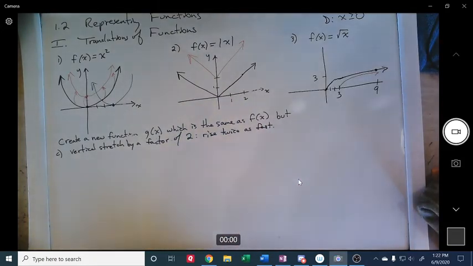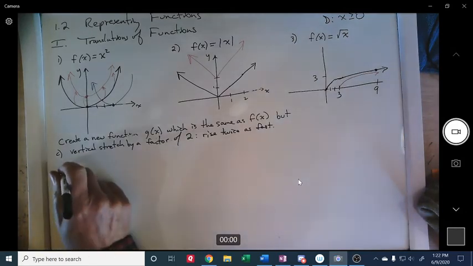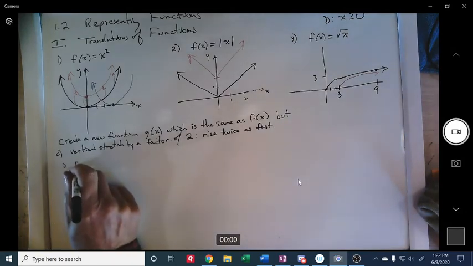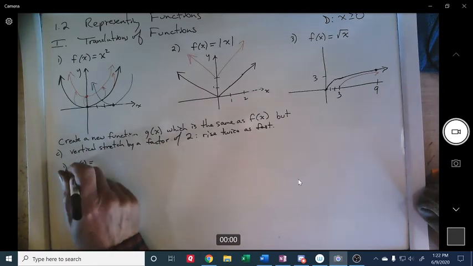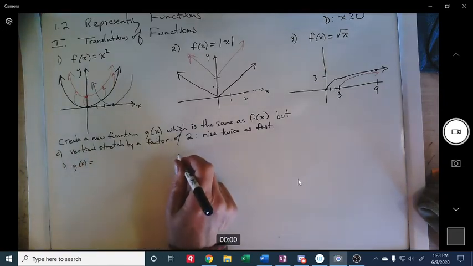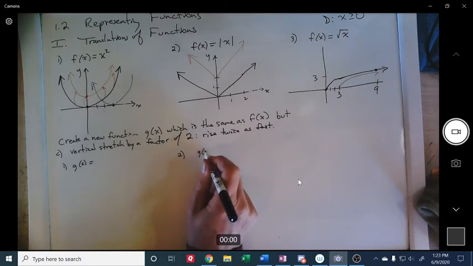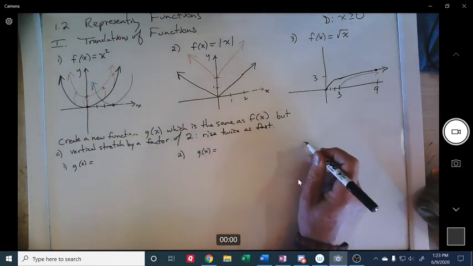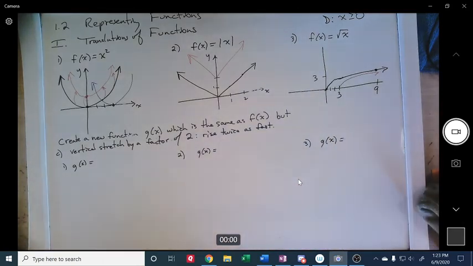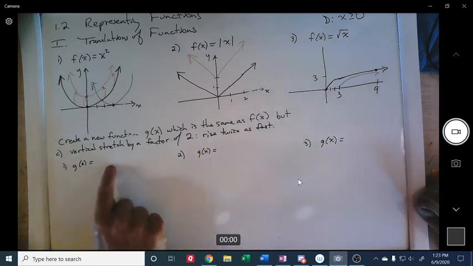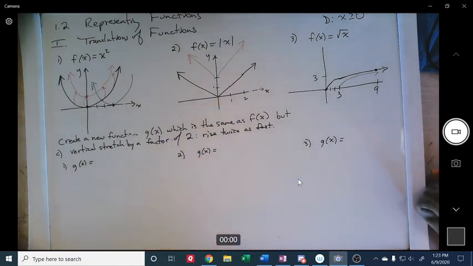So for everything to rise twice as fast, what are the new functions going to have to be? And I'll give you a minute to either catch up with your notes, or if you can, take a guess at the right-hand side of those. So let me pause for a minute.